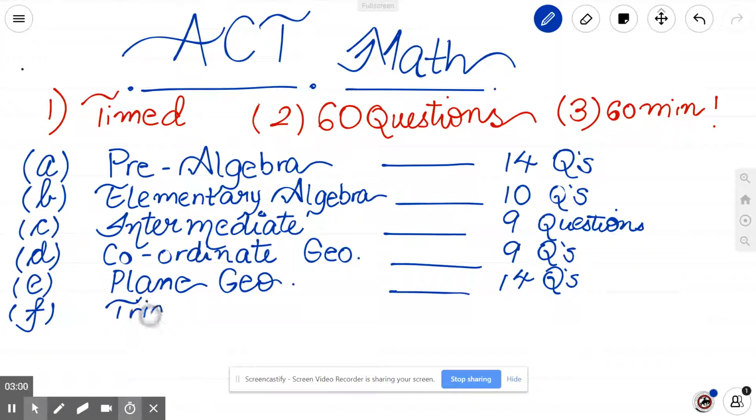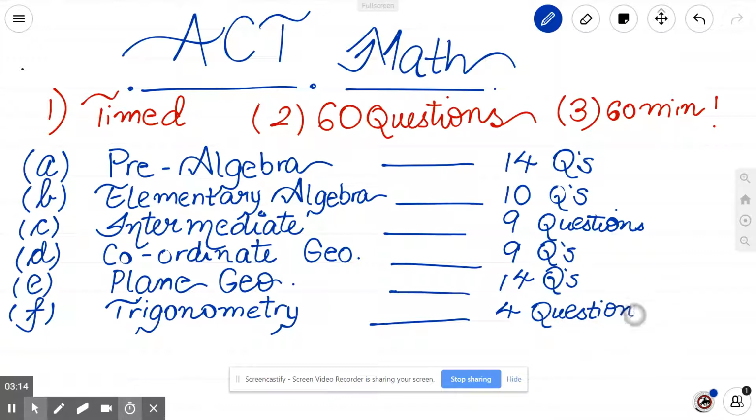Last, trigonometry, which is 4 questions. So basically your trig is going to be 4 questions.